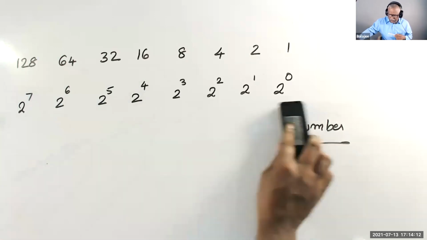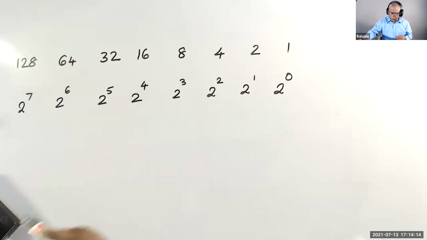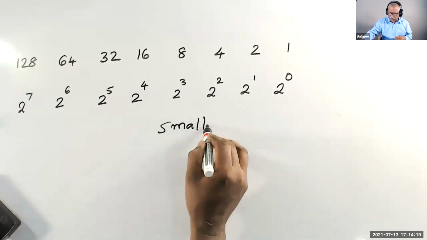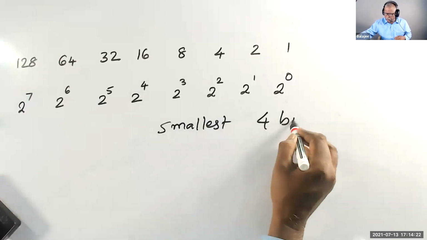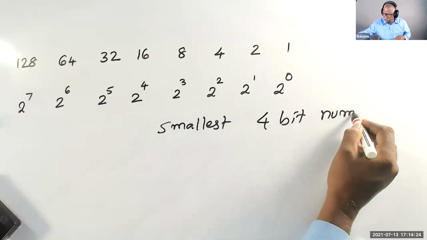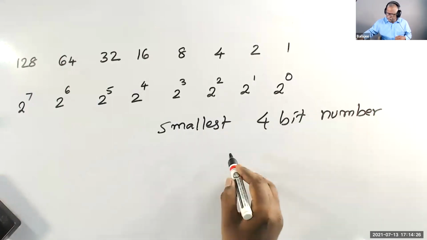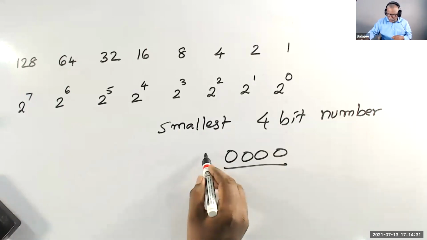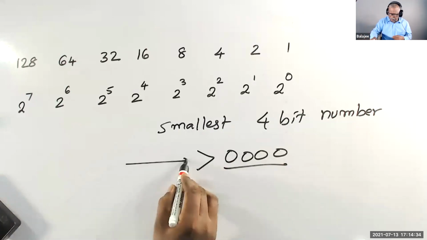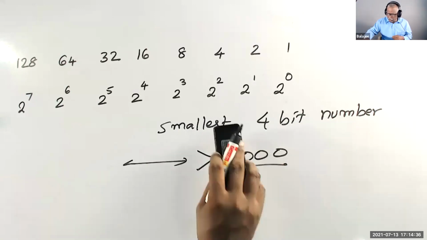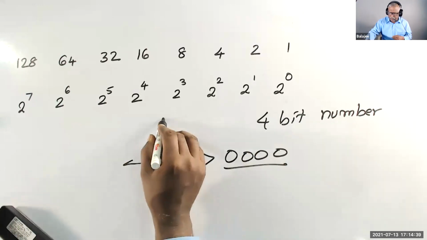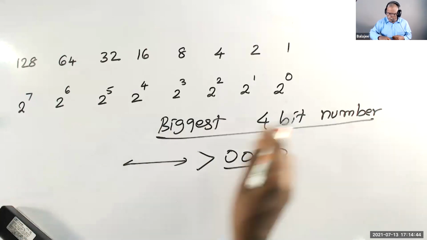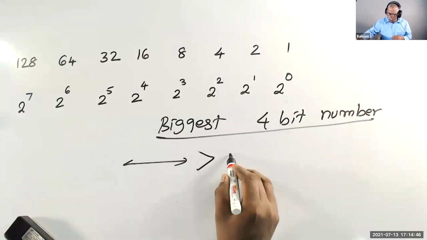The same way here in binary, if I ask you the smallest 4-bit number, it is 0, 0, 0, 0. And any number will be bigger than this. The same way, if I ask you which is the biggest 4-bit number, it is written 1, 1, 1, 1.